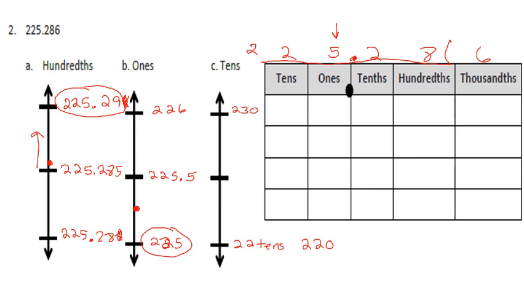Since I have 220 on the bottom and 230 on top, the center would end up being 225. Now if I take my number, 225 and 2 tenths, I can see that I'm going to be roughly right about there. But anything on the line or up would cause me to round to the top number on the number line.